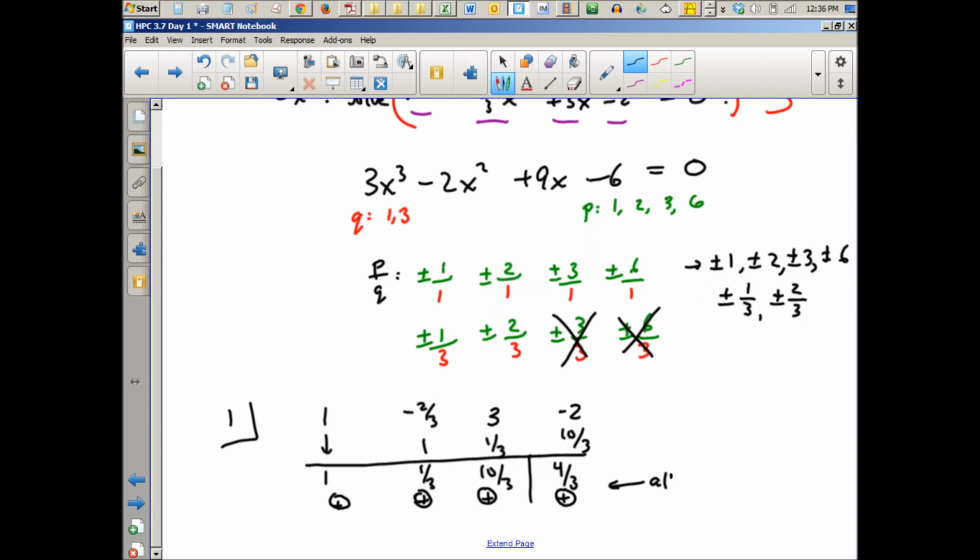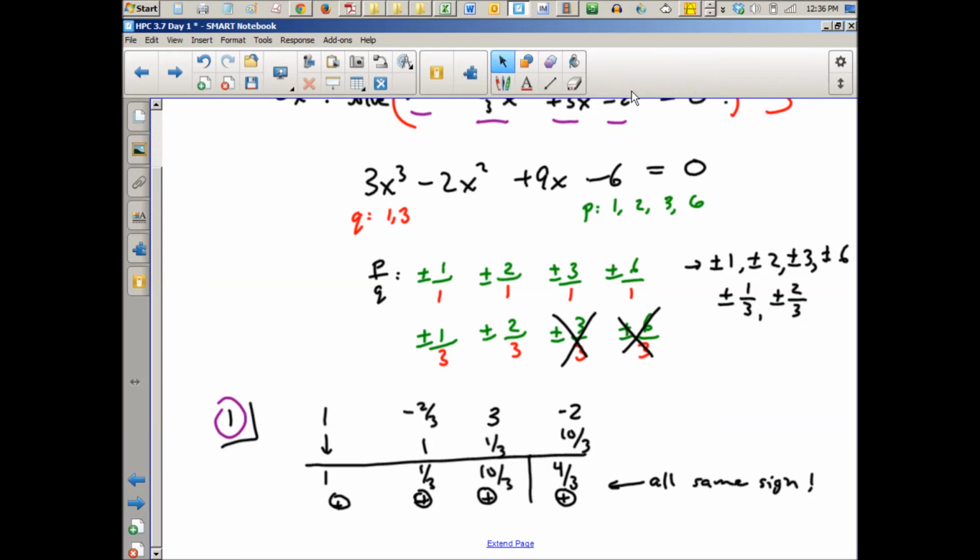So all are the same sign. This is a very interesting thing. What it really means is this, listen very carefully, that by choosing x equals 1 as our first candidate, that number, x equals 1, is already too big. It's already too big. Okay?